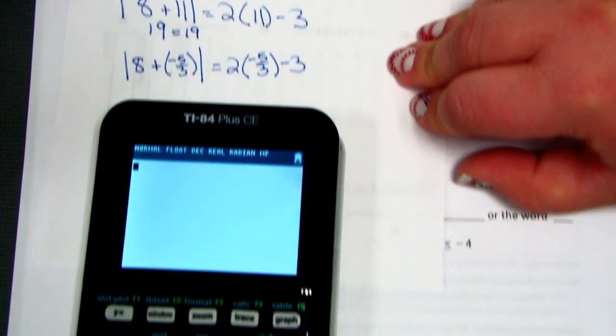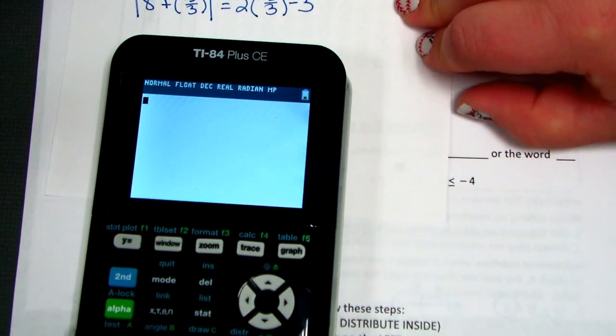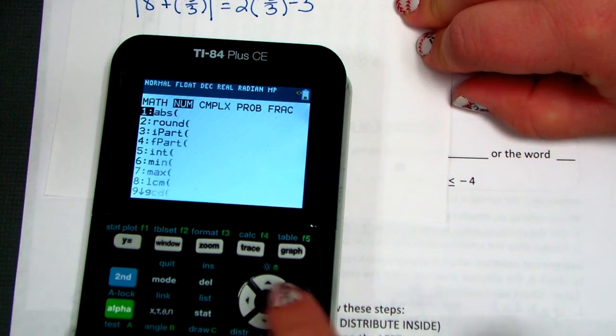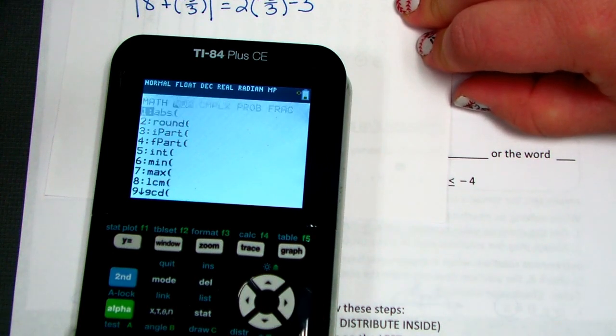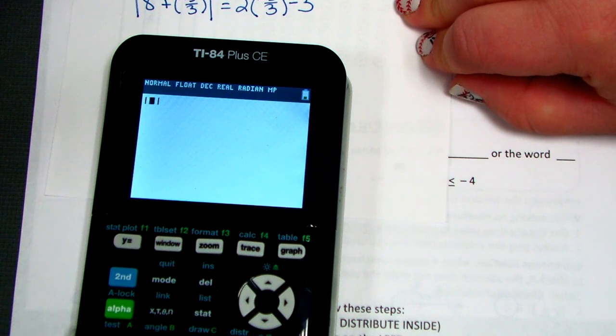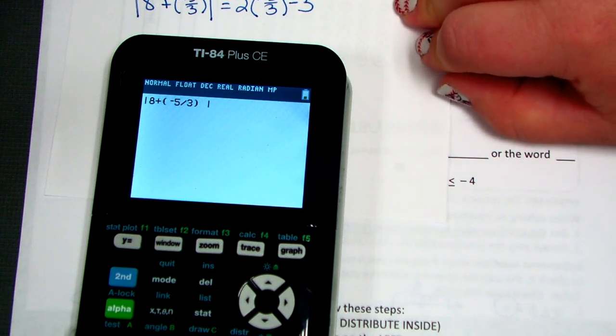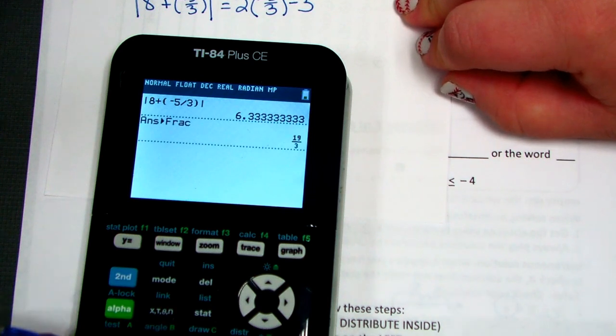In my calculator, I'm going to use the math button, arrow over to NUM, and select the first one. 8 plus parentheses negative 5/3. You could also do this as 8 minus parentheses 5/3. And then press enter. And we get math frac 19/3.